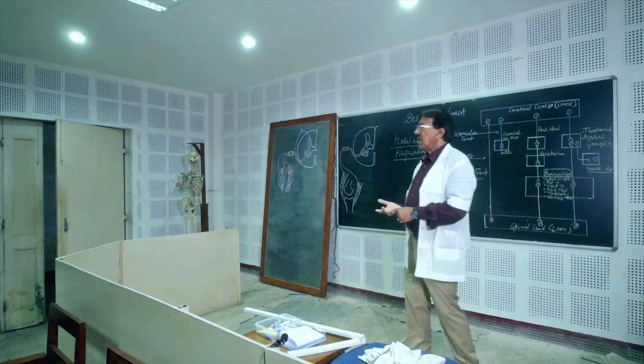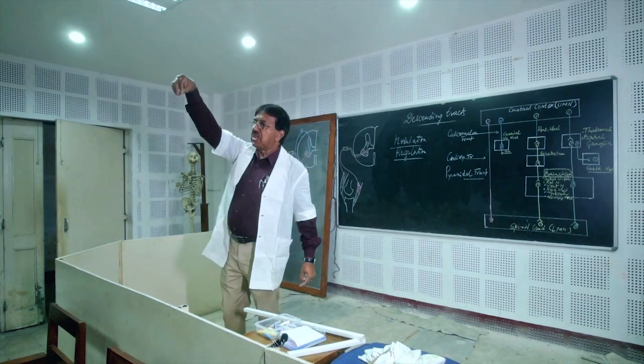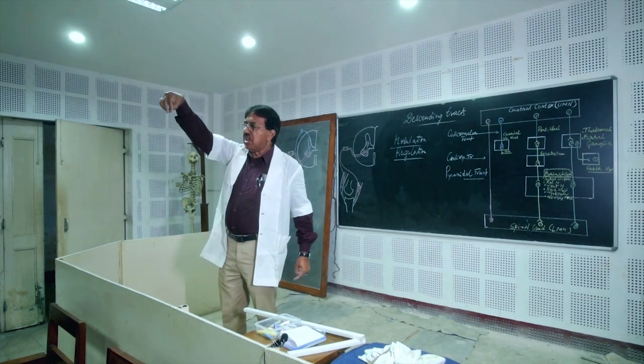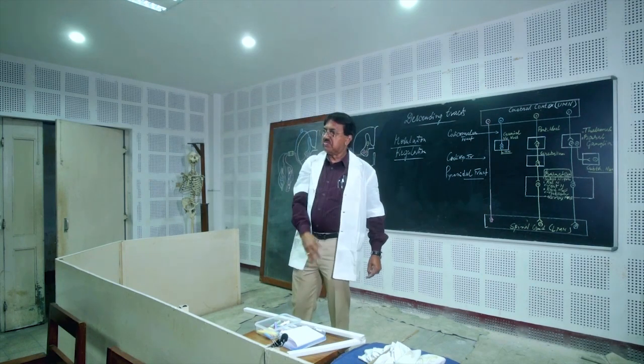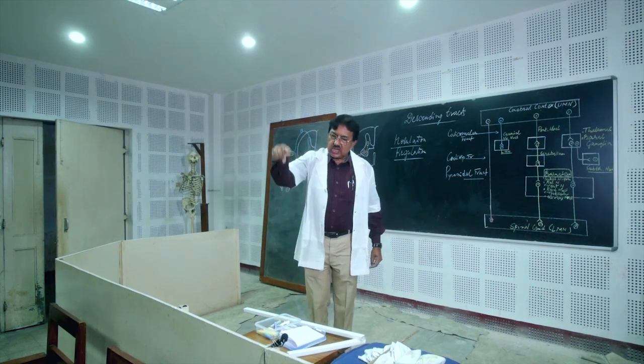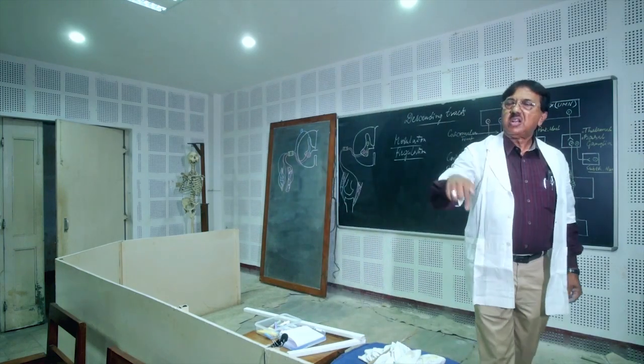Number 3, there are some descending fiber pathways from the level of the hypothalamus, not from the level of the cortex, which also pass through the spinal cord to project into the autonomic centers at the spinal cord level.